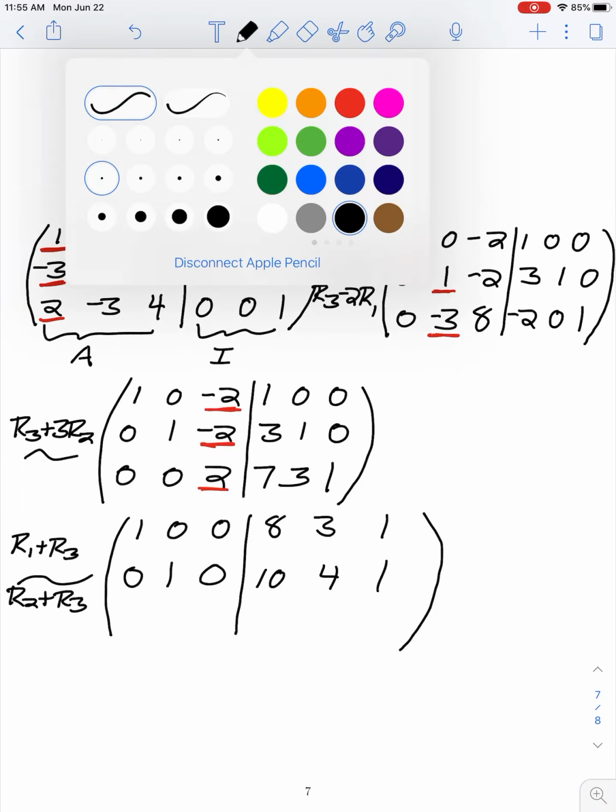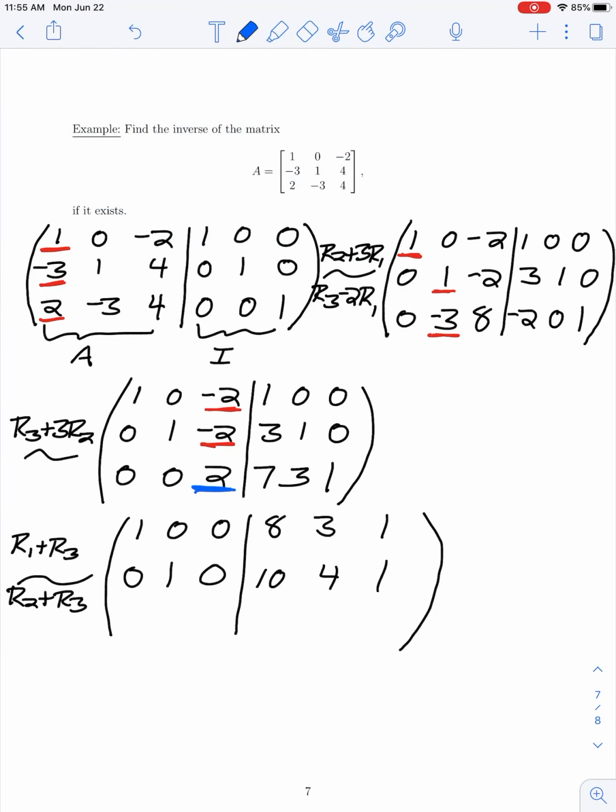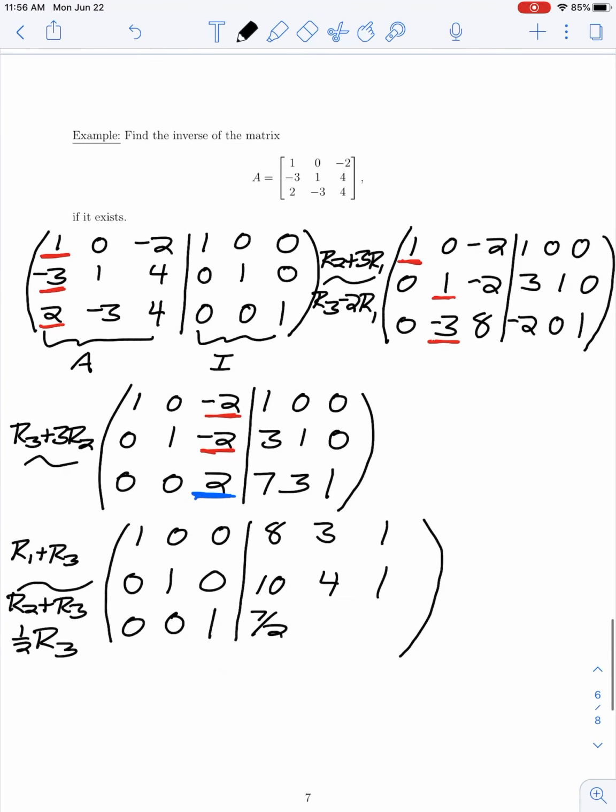And the last thing that I need to do here is this leading entry of 2 that I had in my third row, I need to have as a 1 to get this to the identity matrix. So an easy way to get a 1 there would be to multiply your third row through by 1/2. So in this same step, I'm also going to take half of the third row, which would give me 0, 0, 1, along with 7 halves, 3 halves, and 1/2.